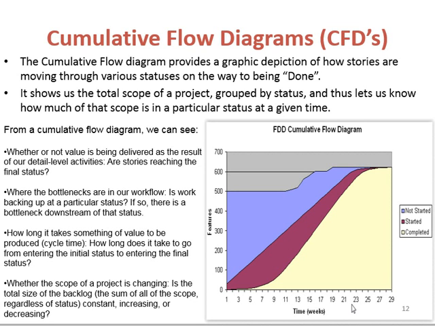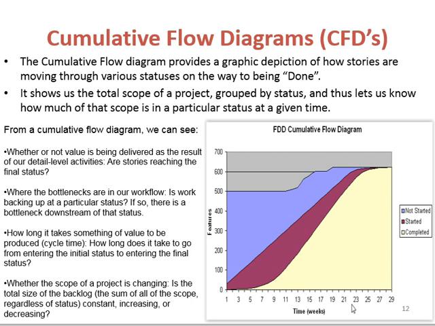From cumulative flow diagrams you can sense your bottlenecks, and you can apply some remedy to remove those impediments, so that there is no bottleneck downstream of those statuses.